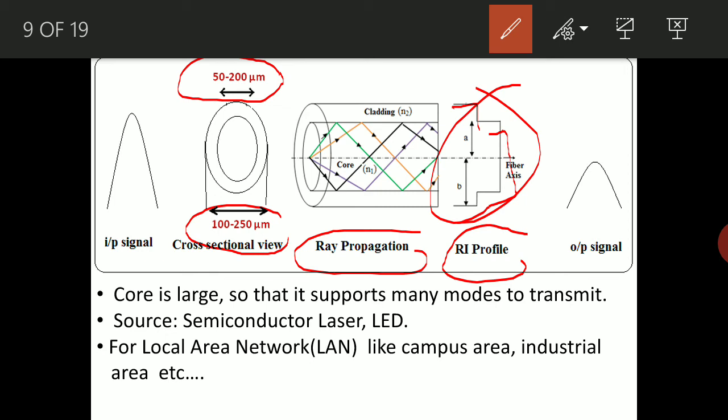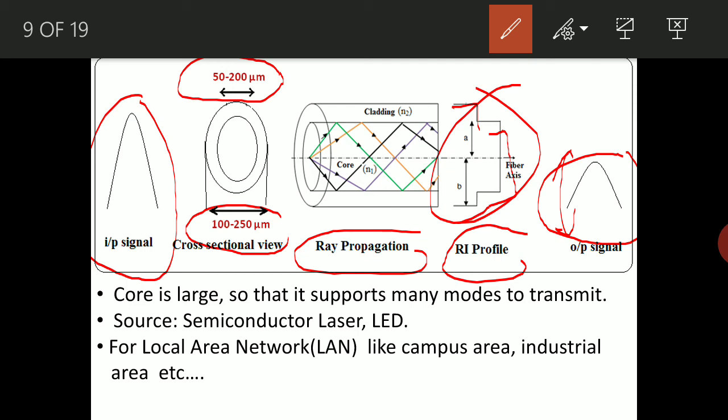Now, based on the signal, when the input signal is fed through the fiber of certain amplitude, we observe that there is a decrease in the amplitude. The amplitude has decreased and the pulse broadening has taken place. So whenever such rays of light are transmitted through the fiber, the pulse broadening takes place.